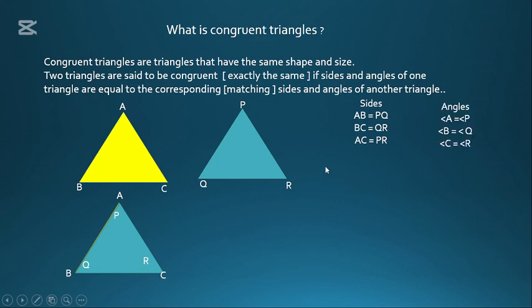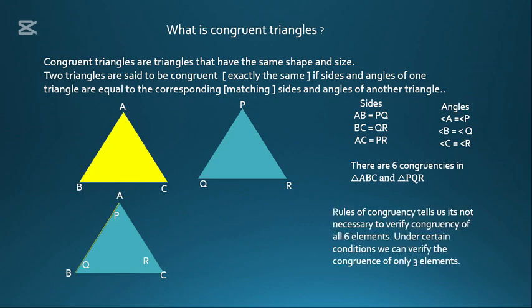So angle A is equal to angle P, angle B equal to angle Q, and angle C is equal to angle R. So here we have 6 elements of congruency: the 3 sides and the 3 angles. In these 2 triangles there are 6 congruencies, sides and angles.